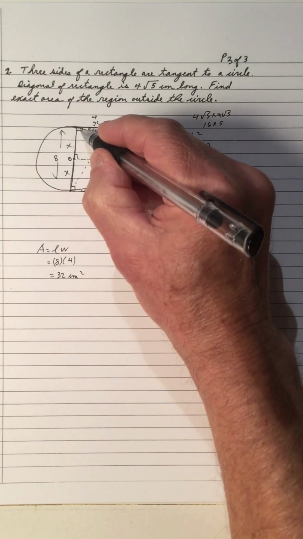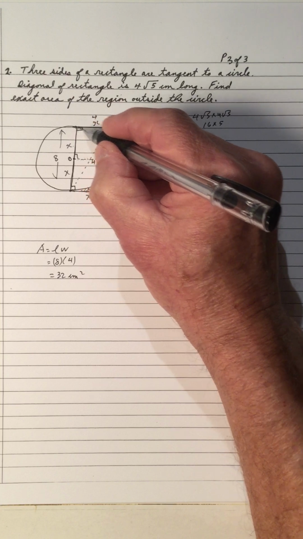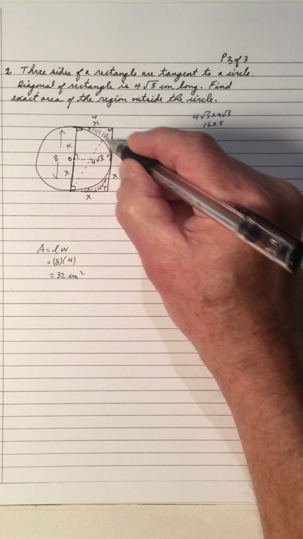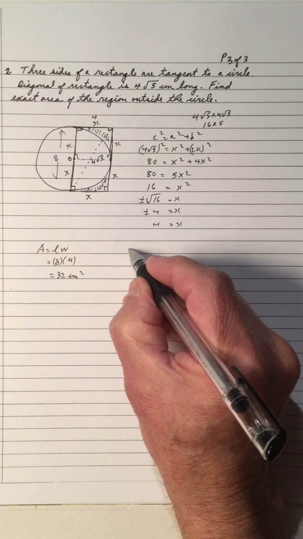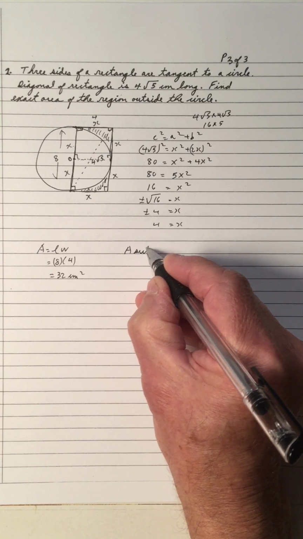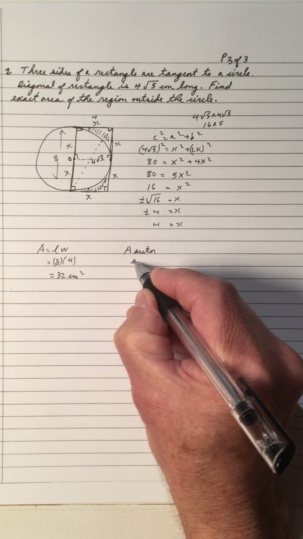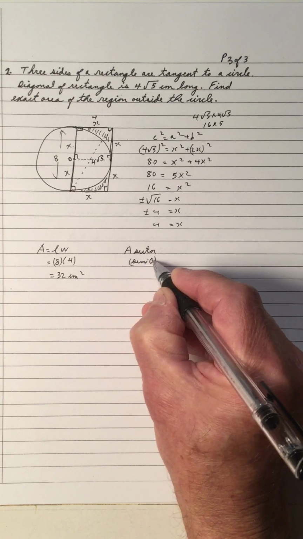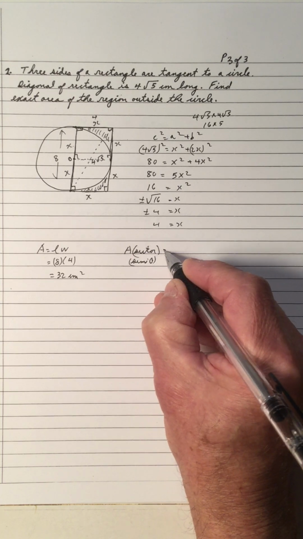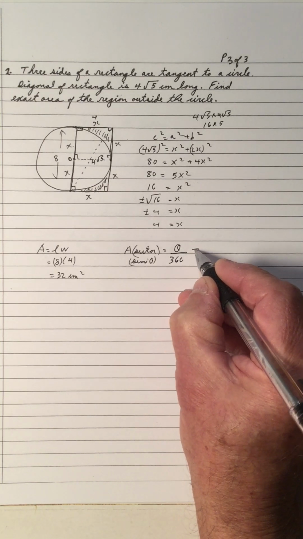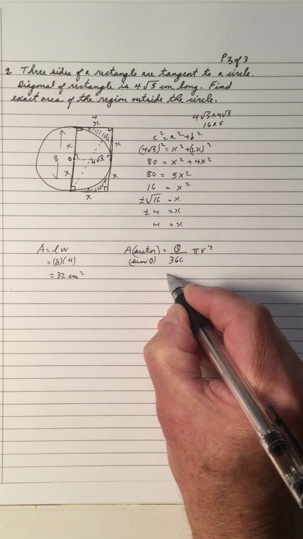Now we want the area, and again, if you think about it, this is a diameter, so this is a semicircle. So the area of the sector, or you can say semicircle, whatever you want, is central angle over 360 times pi r squared.